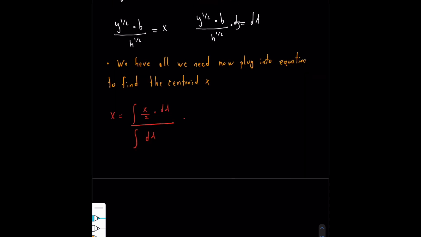Okay, now this is going to be equal to y over 1/2, y^(1/2) times b divided by h^(1/2), multiplied by y^(1/2) times b times h^(1/2) right here. And that's going to be divided by the area.